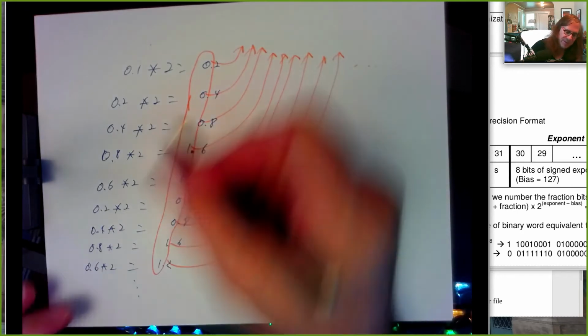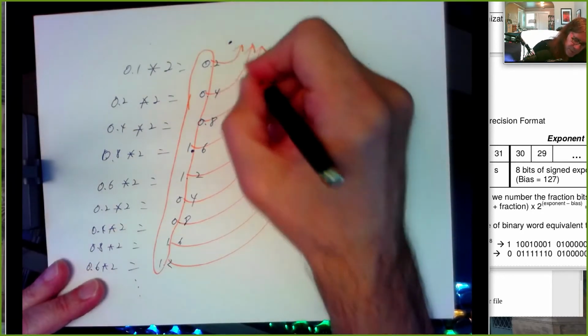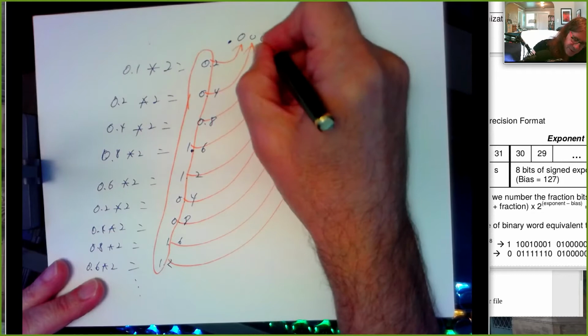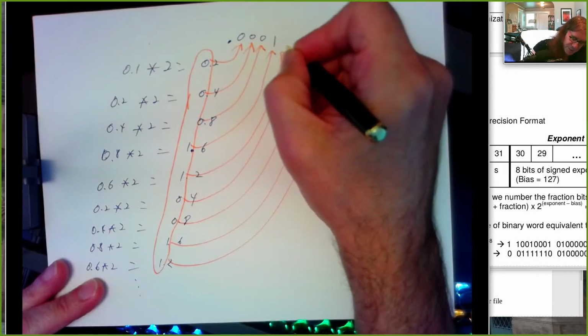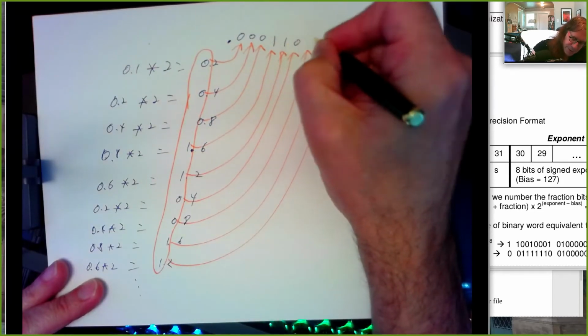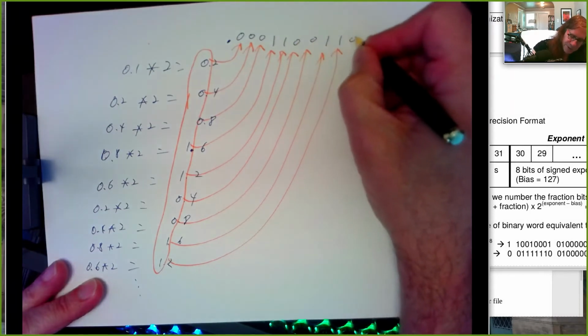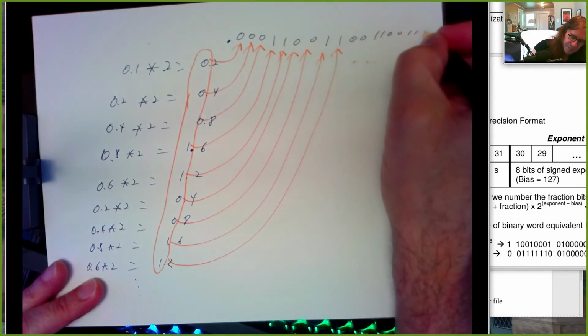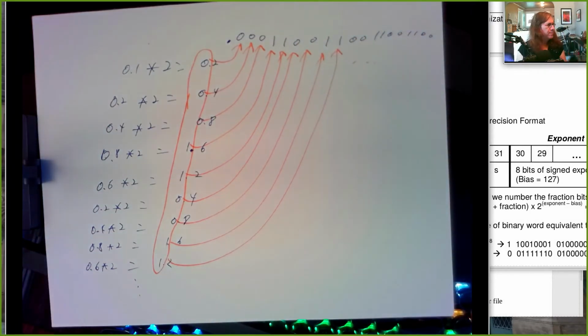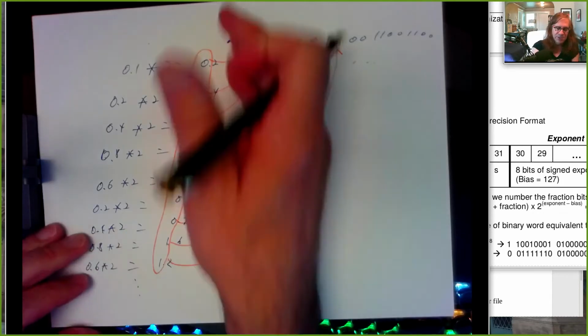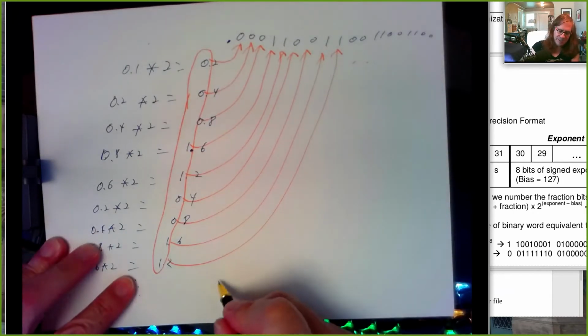So if we copy those bits up, we have a 0, 0, 0, and then a 1, 1, 0, 0, 1, 1, and there's a pattern here. Right, and that'll just keep repeating. So this is what 0.1 looks like in binary.